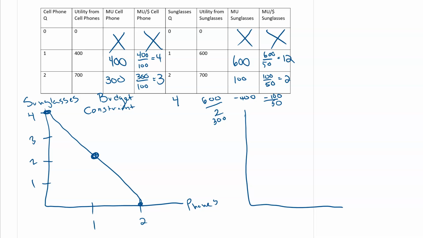Divided by 4 is negative 100. Wait, I already did that. Hold on, need to think. Marginal utility per sunglass would be minus 400.